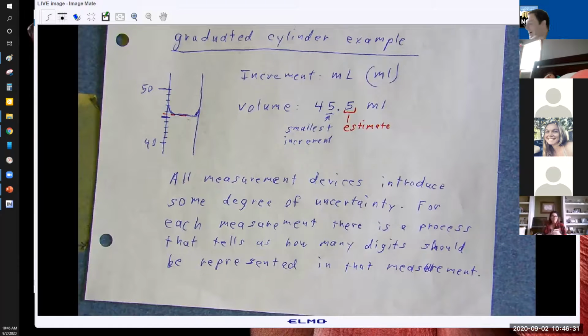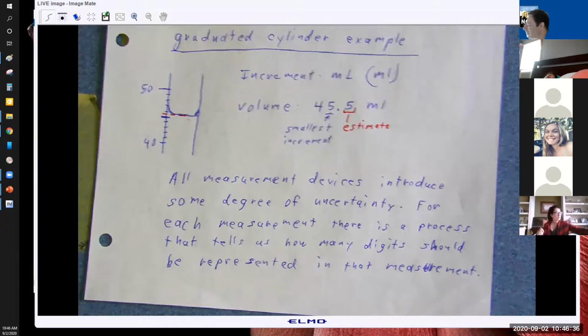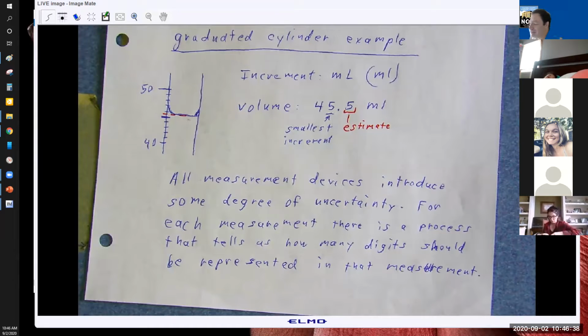So there's actually an entire industry devoted to making sure people's measuring devices are accurate. Hopefully I've given you some appreciation for the amount of effort that goes into taking accurate measurements.